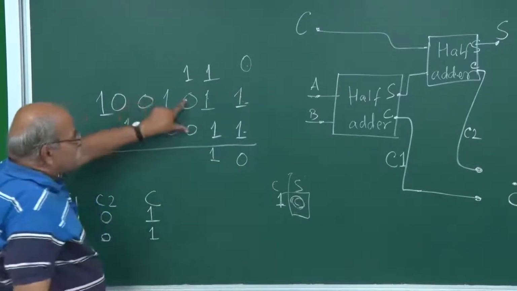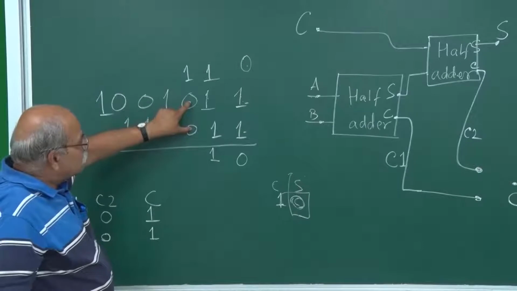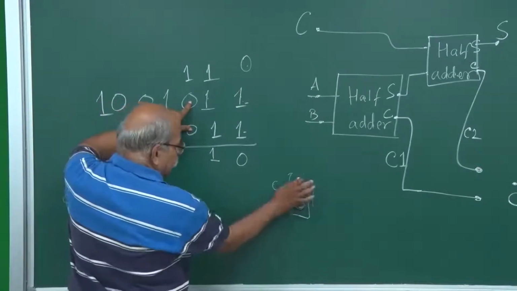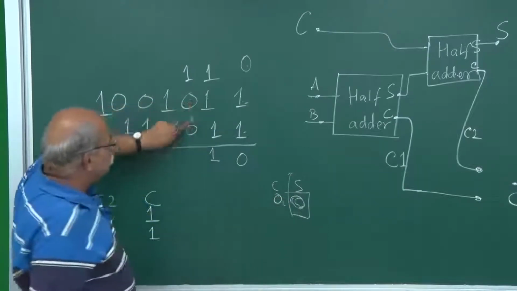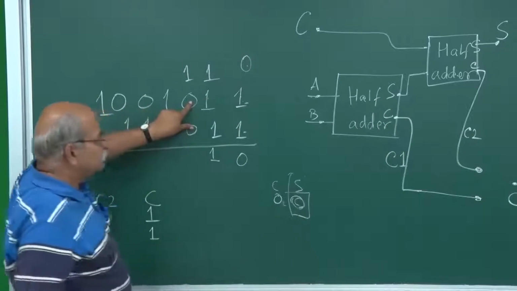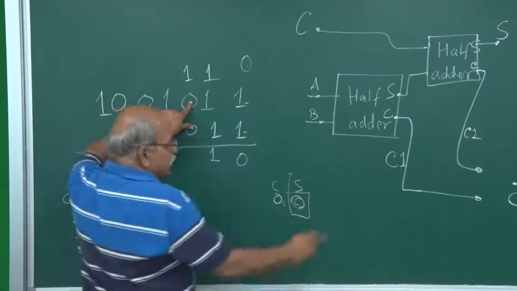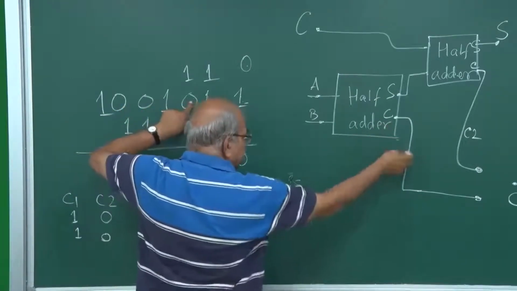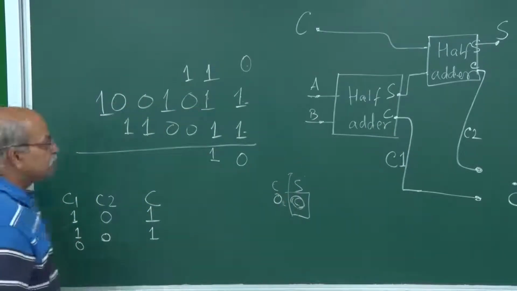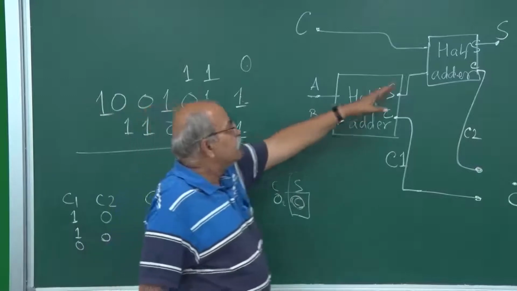Now see here, look at this. 0 and 0. This is A, this is B. The sum is 0 and the carry is also 0. So this is C1. So C1 is 0. Then come here.